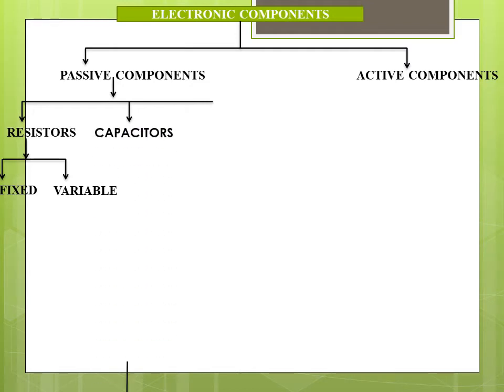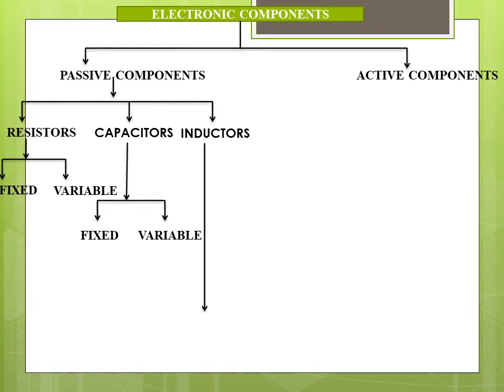Secondly comes the capacitors. Capacitors are further classified as fixed and variable. Lastly comes the inductors, which are further classified into three parts: air core, iron core, and ferrite core. So all these members belong to the passive components.